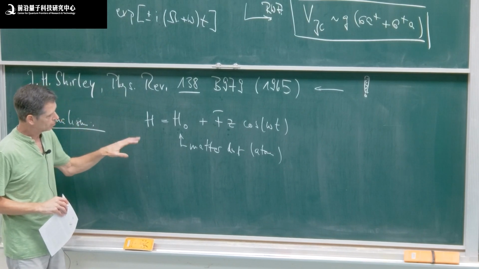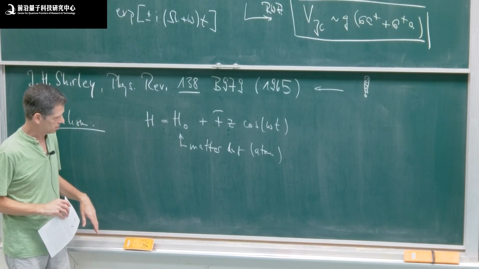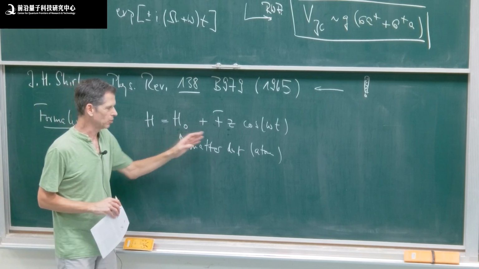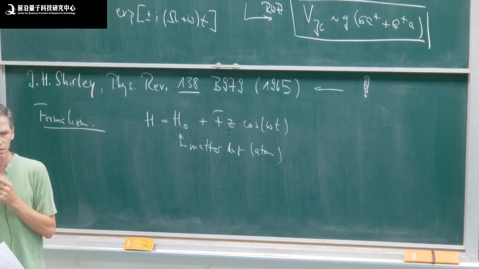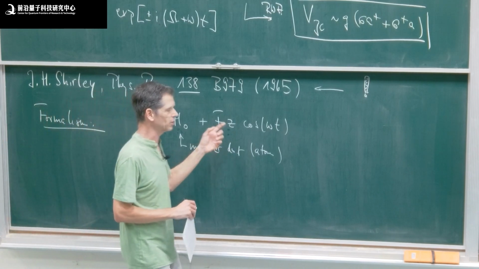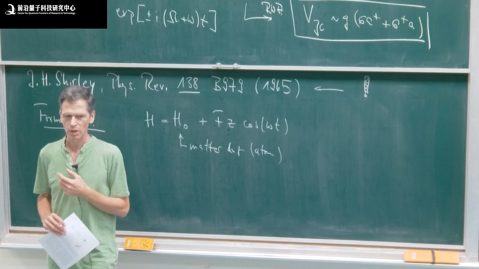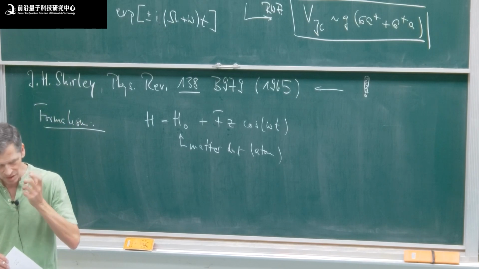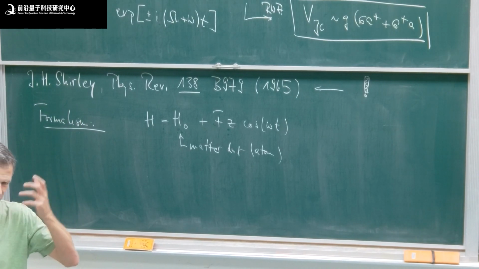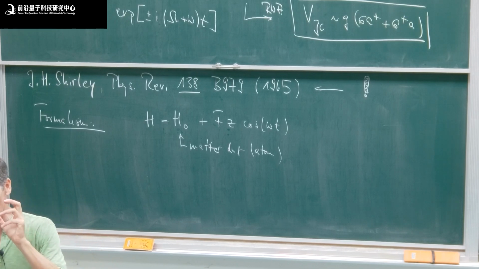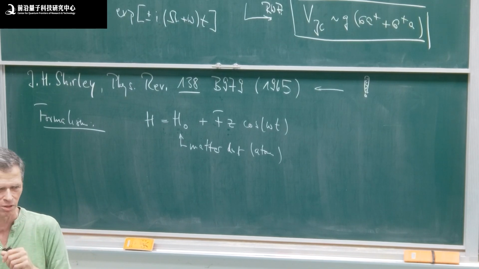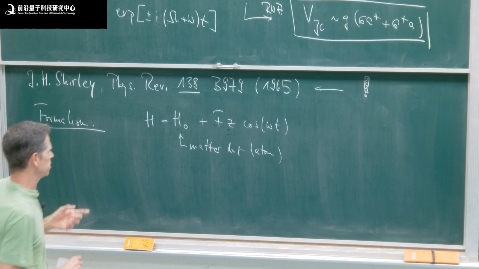I know its eigenstates and eigenenergies, and now I drive it. But what is missing is the energy of the field. I only have the interaction part. So this actually implies an approximation. Despite the fact that I was saying it's essentially approximation free, if we are very strict, it implies an approximation: I say I don't care about the energy of the free field.